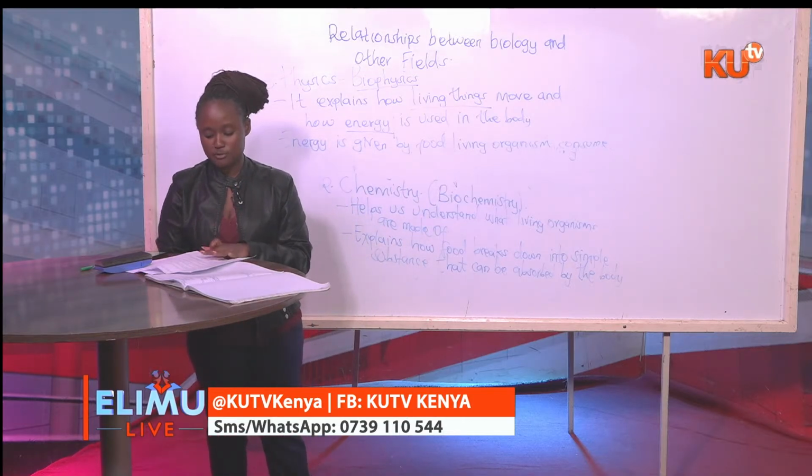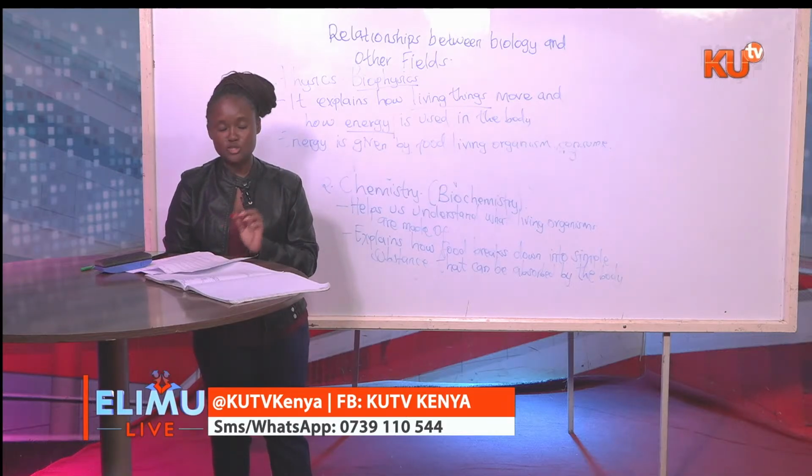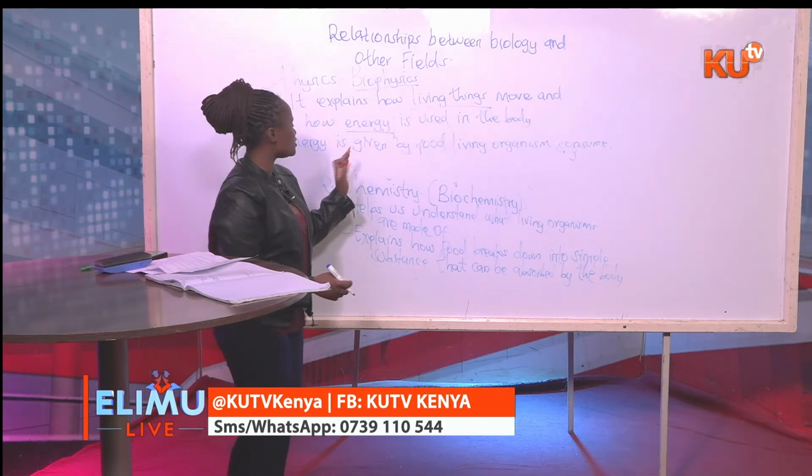Energy intake from food can be related to physics through concepts like energy transformation. The energy stored in food is converted to mechanical energy in the body, allowing muscles to move.